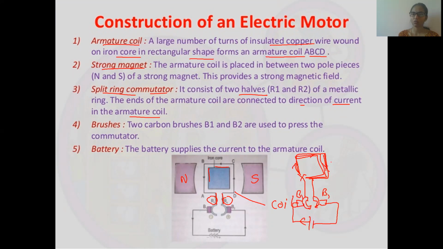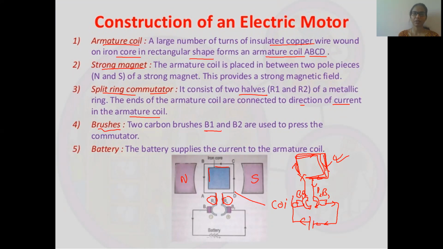The current moves through the coil, comes back through split ring R2 and brush B2, and returns to the negative terminal. So the circuit is complete, and this coil acts like a current carrying conductor, right children? So what are the brushes?